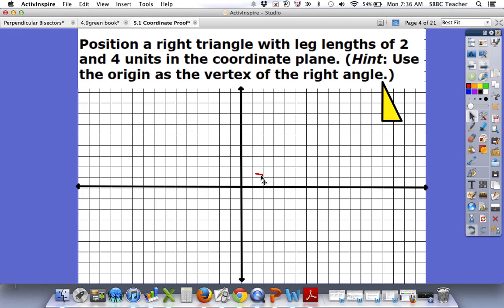Let me move the right angle symbol. Awesome. Let's check: 1, 2, 3, 4, and 1, 2. So we positioned it like we were supposed to.